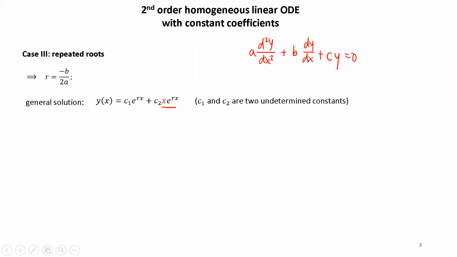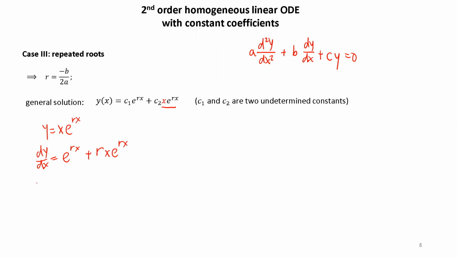So what do I have here? I have y equals x e to the Rx. That means dy/dx is given by e to the Rx plus, by the product rule, R times x e to the Rx.